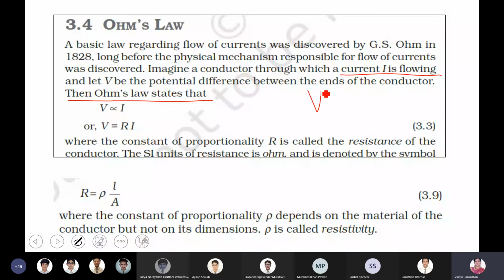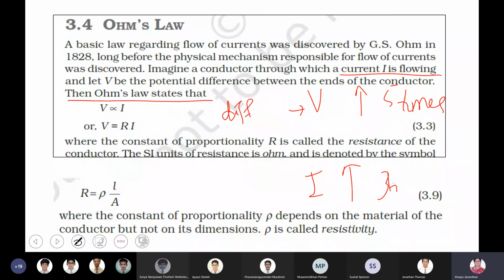Now look at this. V is not potential, it is the difference in potential, right? Now the question is, if V increases 5 times, I will increase. There is no doubt. Directly proportional means what? If V increases, I will also increase. But the question is, to what extent is V going to increase?